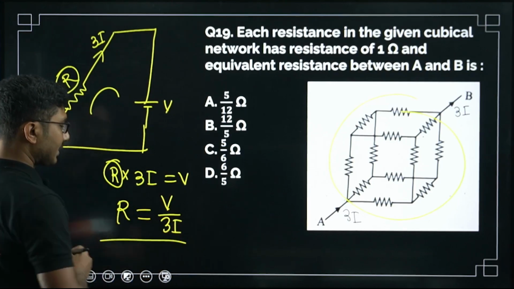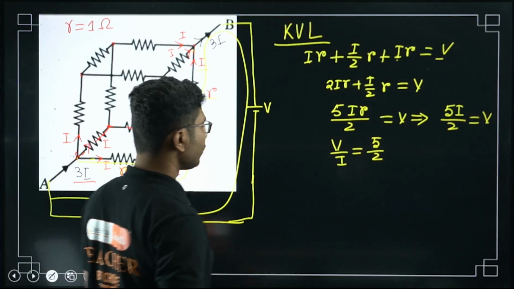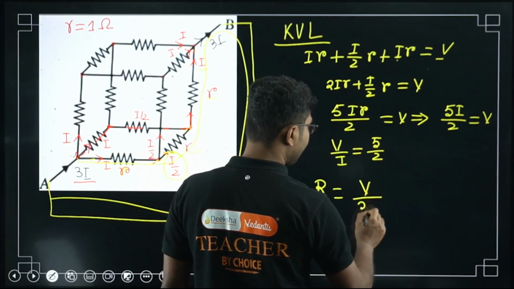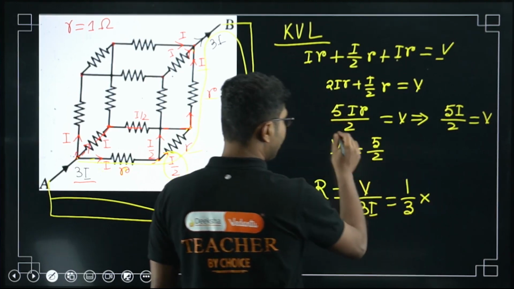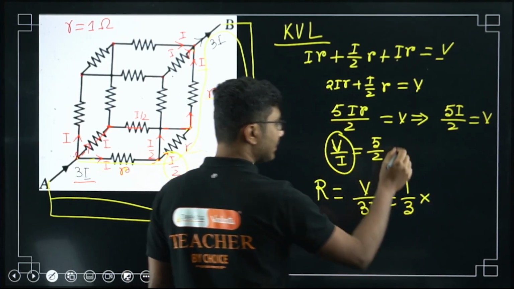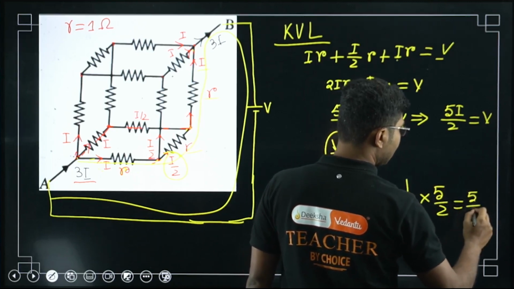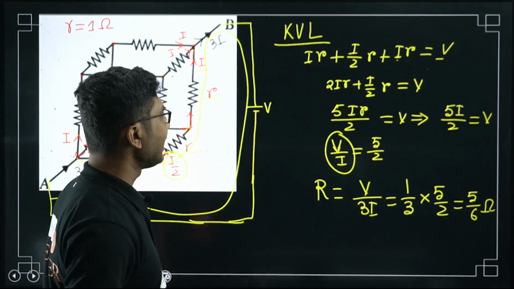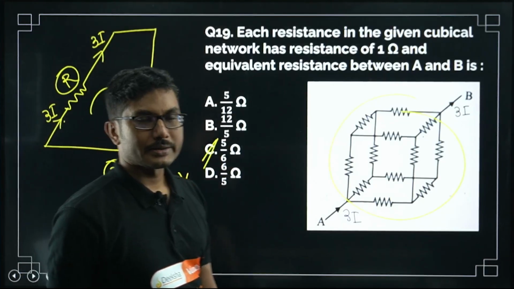Don't make a mistake: because you have assumed 3I, the final answer should also have 3I. So R is V by 3I, or 1/3 of V by I. We have already calculated V by I as 5 by 2, so that is 5 by 6 ohm. So the equivalent resistance in this case is 5 by 6 ohm. The correct answer is option C.